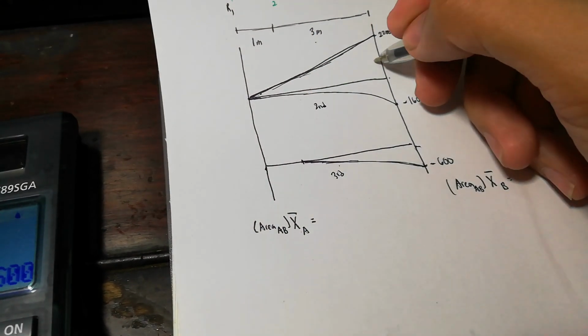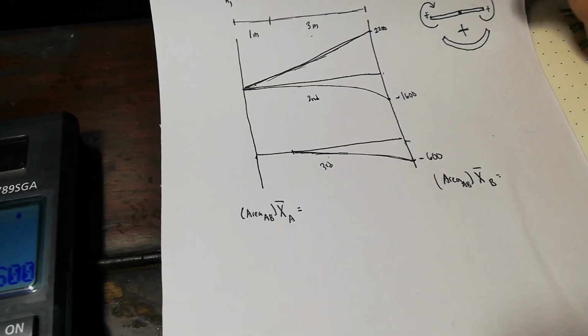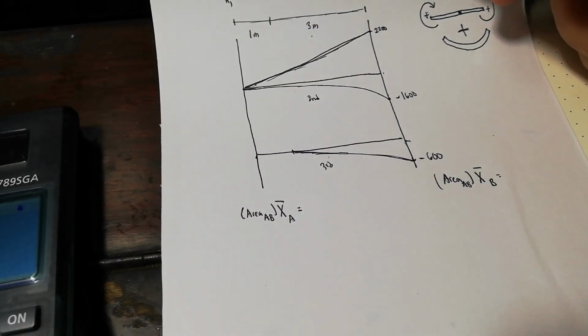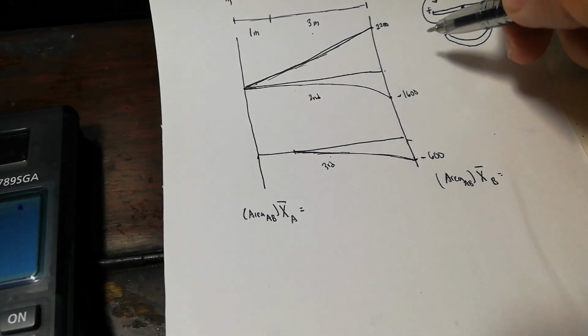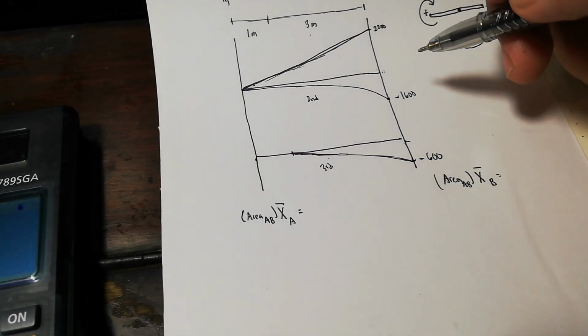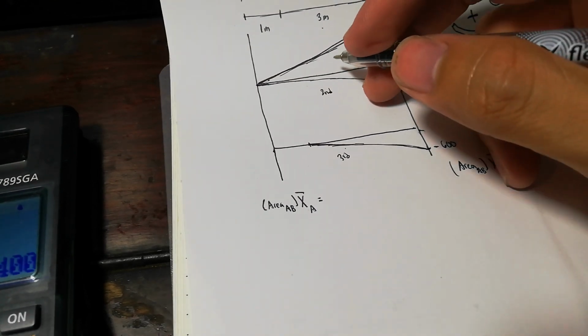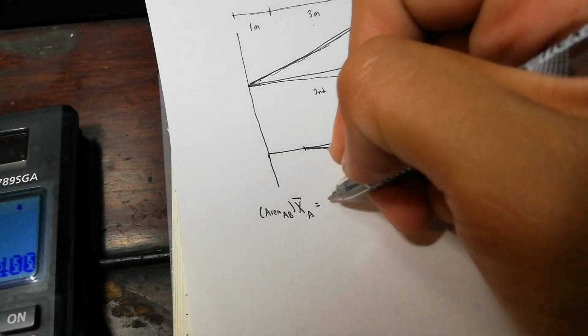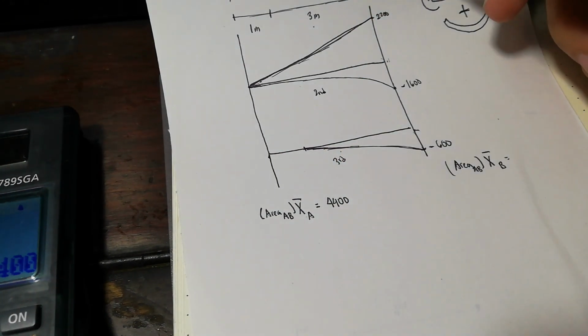So, area naman ng triangle natin, 1/2 base times height. Ang base nito is 4 meters. Height nito is 2,200. So, ito ay 4,400. Positive 4,400 kasi nasa positive part siya.